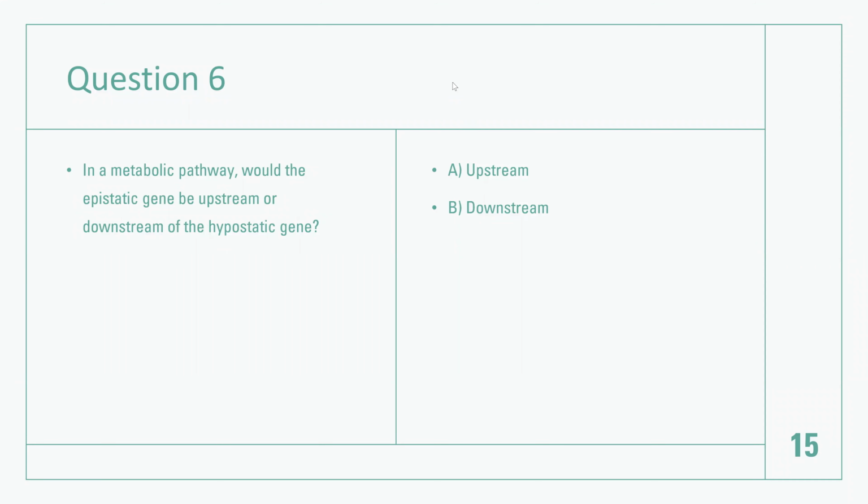Perfect. Upstream is the right answer. And an epistatic gene in a metabolic pathway is upstream. All right, gotcha. No worries, Brian. So it's just a concept of epistasis because in metabolic pathways, you generally have an entire sequence of activating genes.